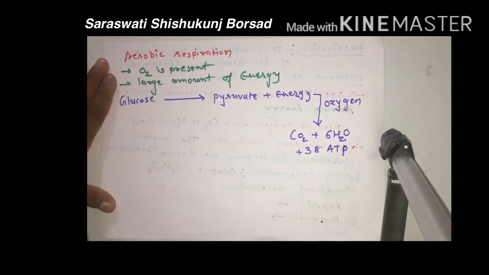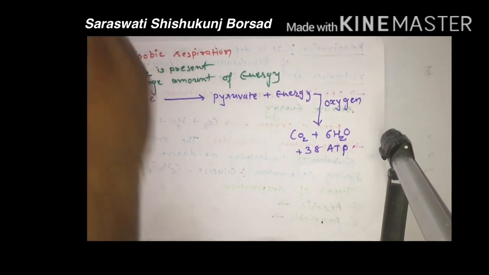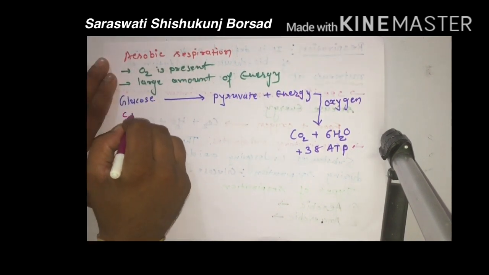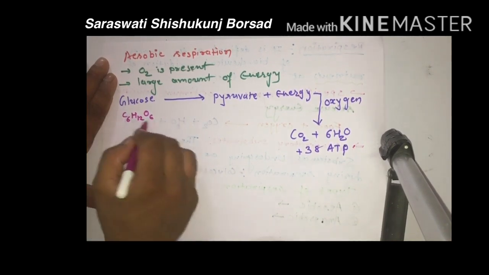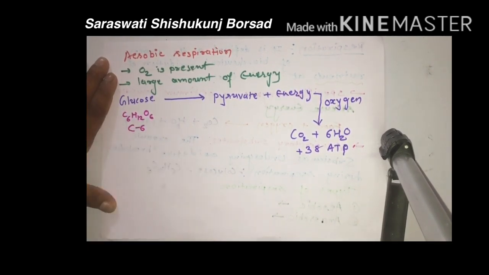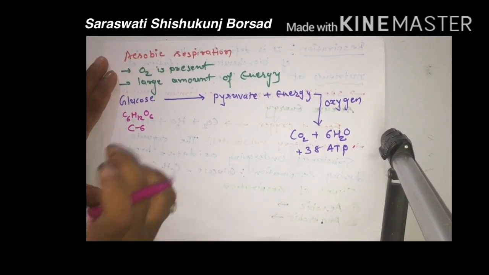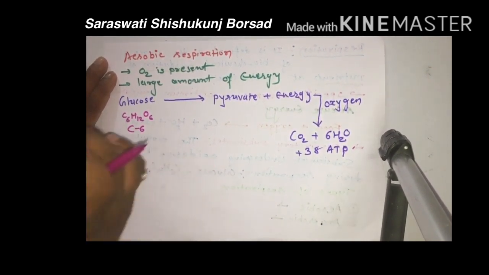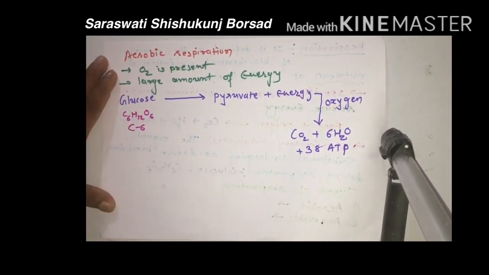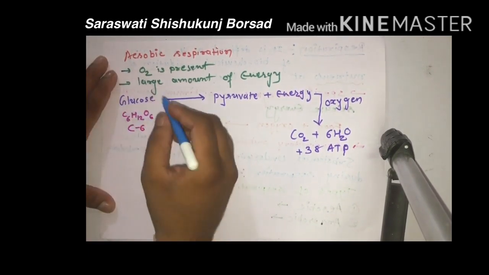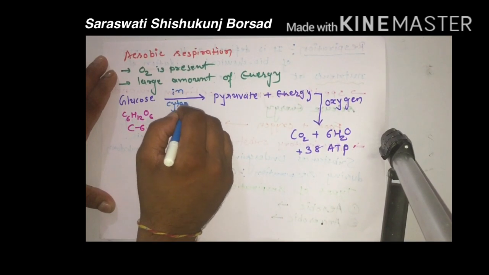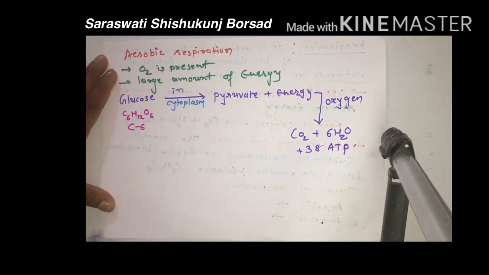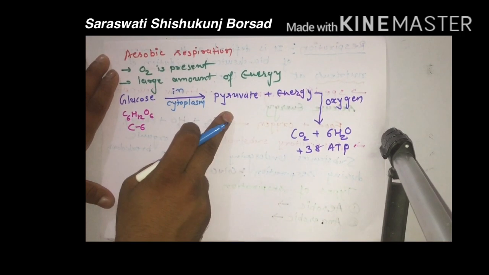First of all, we know that glucose is C6H12O6. So here we have 6 carbons, so we can call it C6, a 6 carbon molecule of glucose, right? In cytoplasm, it will be converted into pyruvate.